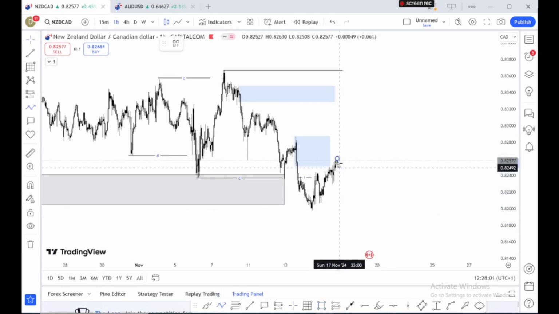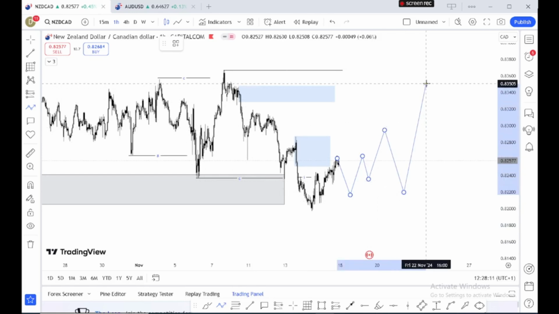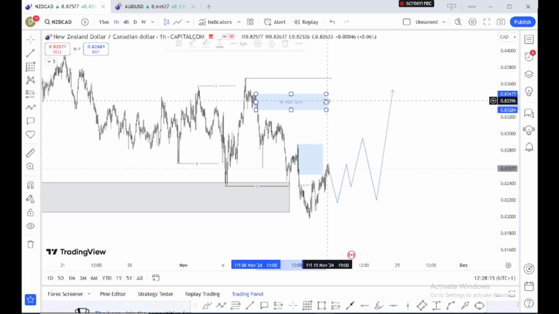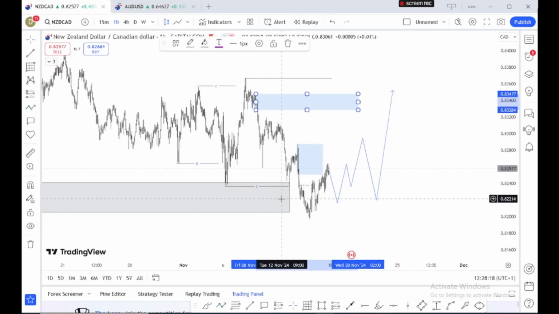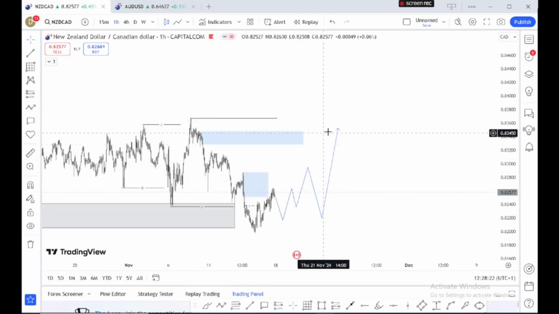But if it fails like this, then I will be looking to buy to this level like this. Because of what? Because we are on higher time frame mitigation. So if I don't want to do this, I will wait for this to happen.